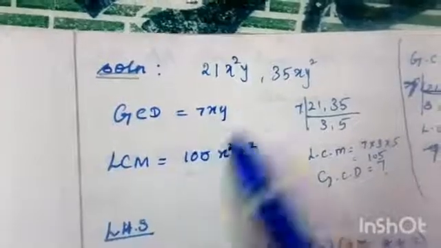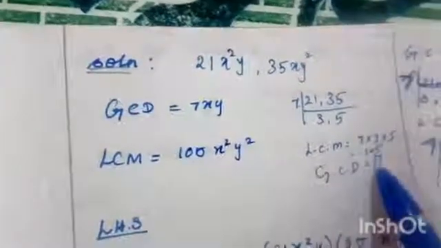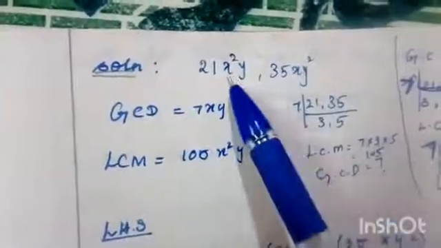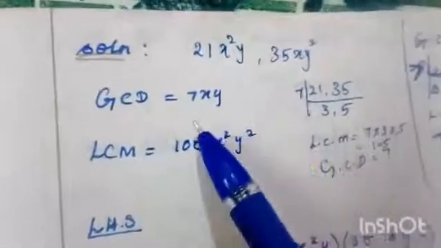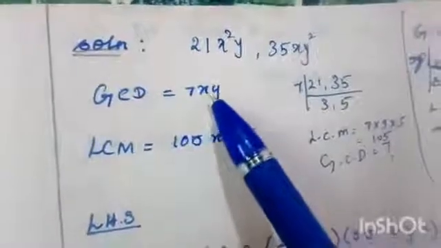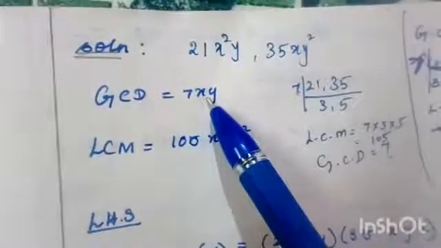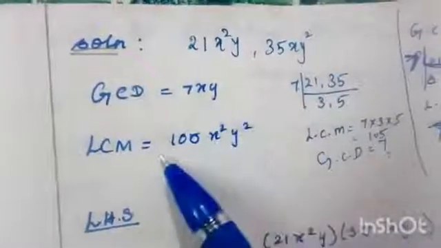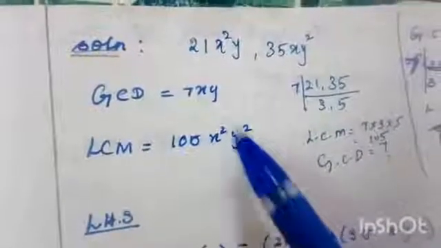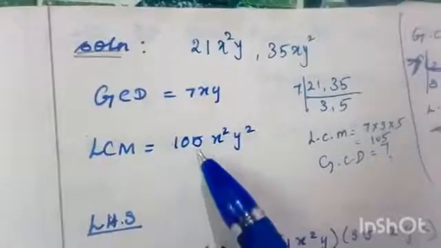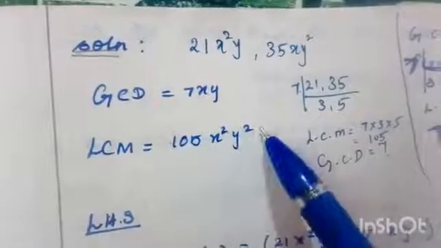So 7xy. LCM, we already found 105, and we consider the highest power, that is x square y square. Students, remember, GCD means we find the least power of the expressions, and LCM means we find the highest power of the expressions. So GCD is 7xy, LCM is 105x square y square.